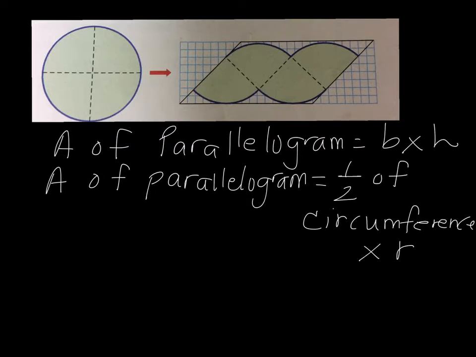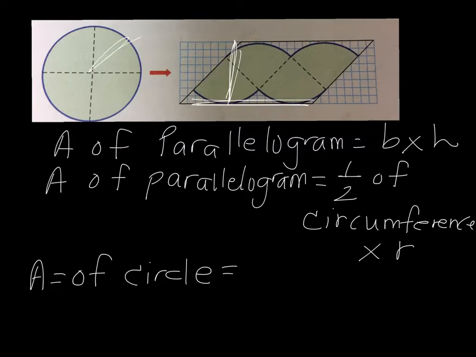Because if we look back at the other page, if area of a parallelogram is base times height, well, base is here, height is here, right? So this base is half of the circumference, and the height is equal to the radius. So that's why area of a parallelogram is also half of the circumference times radius.